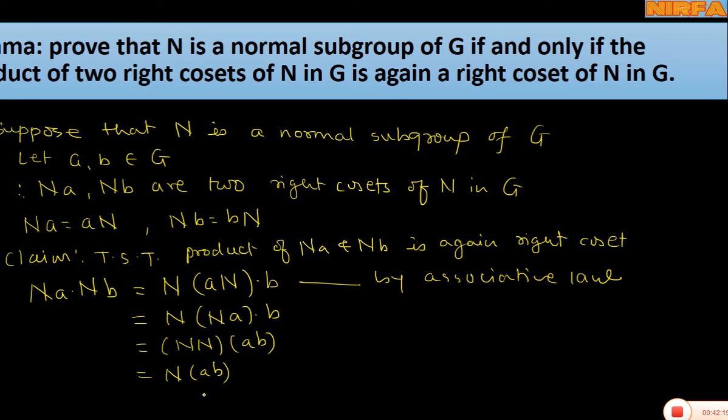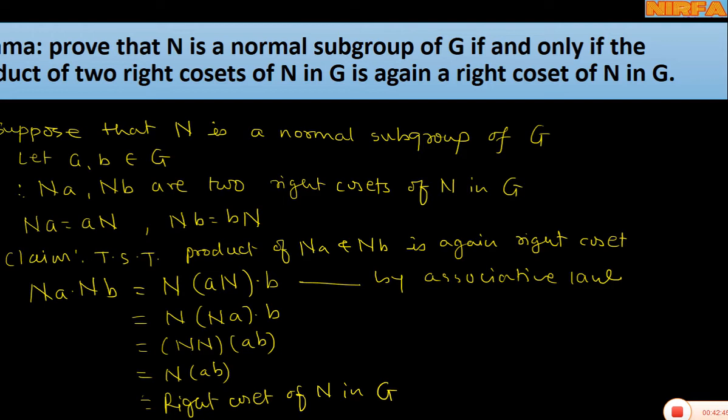Therefore, according to the closure property in G, A, B belongs to G implies AB belongs to G. And hence, since this AB belongs to G, this NAB is a right coset of N in G. And therefore, we have proved that the product of two right cosets is again a right coset of N in G.